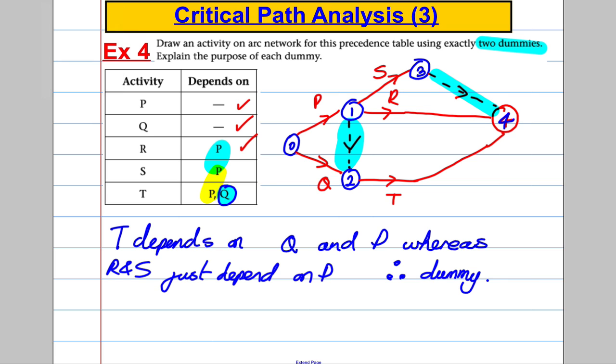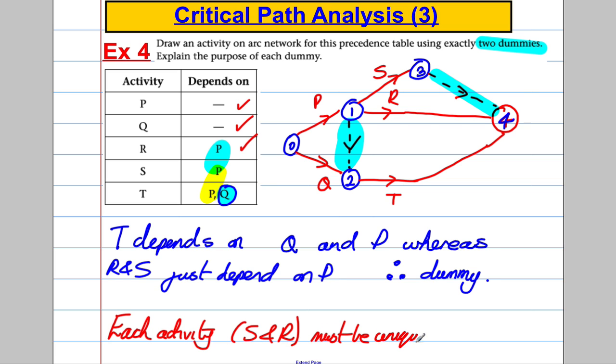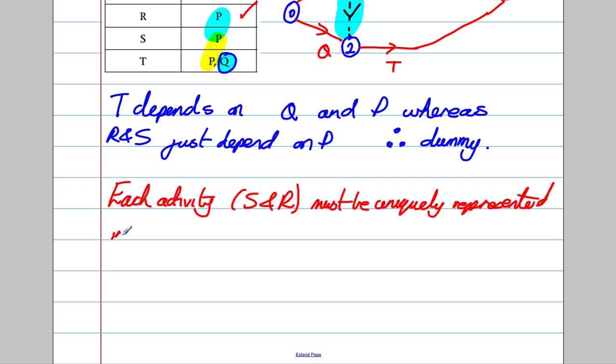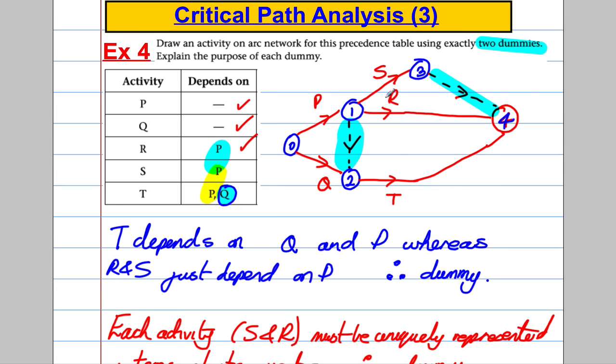But there's a way we phrased it, and we said that the next dummy is because each activity, and in this case we have S and R, must be uniquely represented in terms of its events. So therefore dummy. And that would be enough to explain why you needed a dummy there. So we needed 2 different types of dummy in this question.